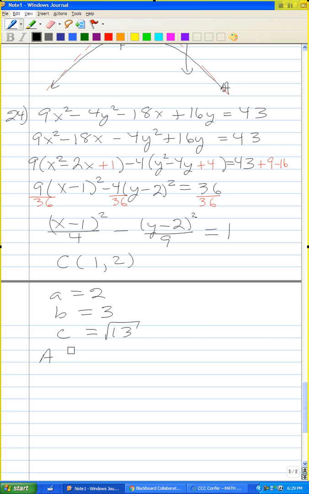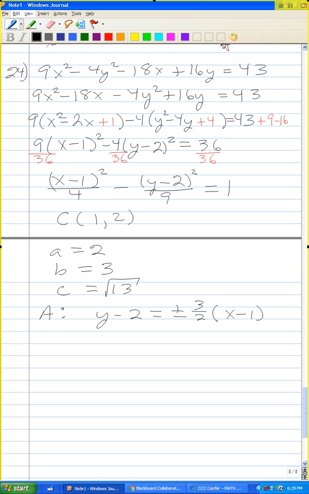And so y minus 2 is equal to plus or minus b over a, 3 over 2, times x minus 1. And so that's the equation of my asymptote. Let's determine the vertices. The vertices will be at 1 plus or minus 2, since there's a plus in front of the x squared.